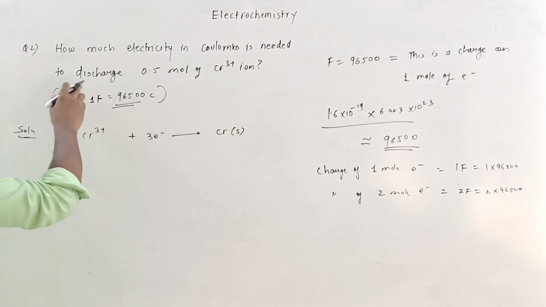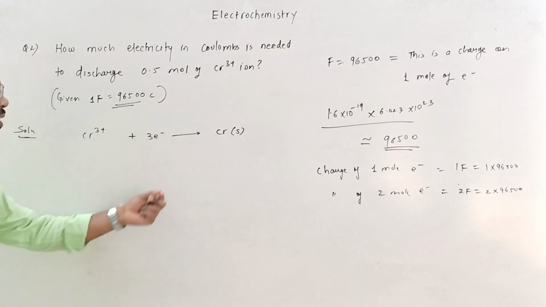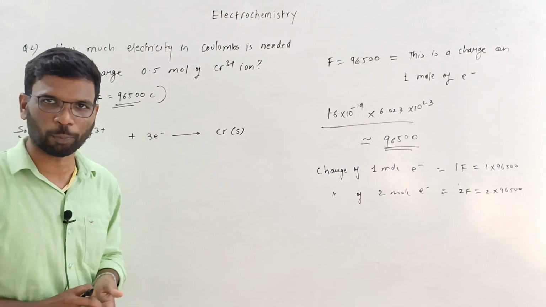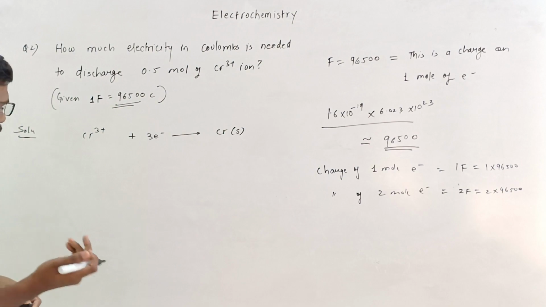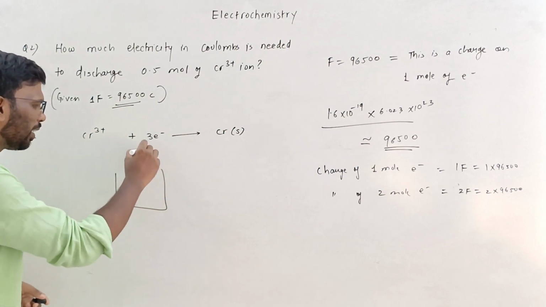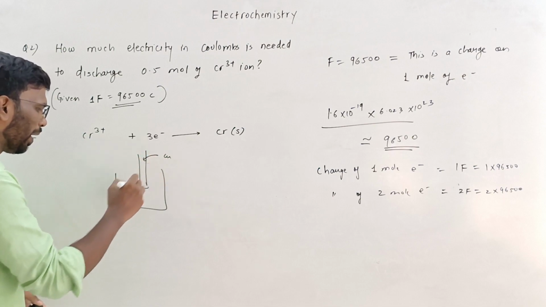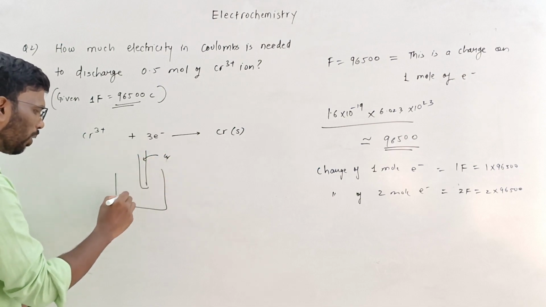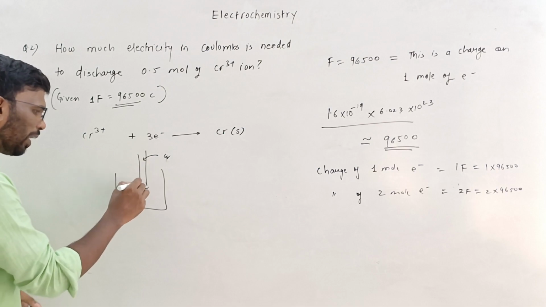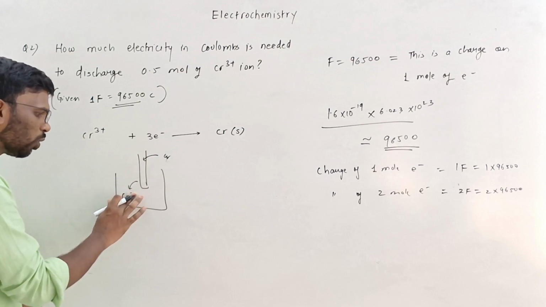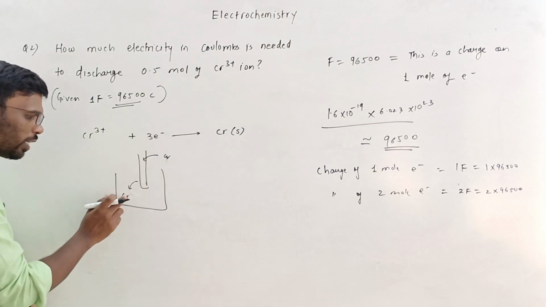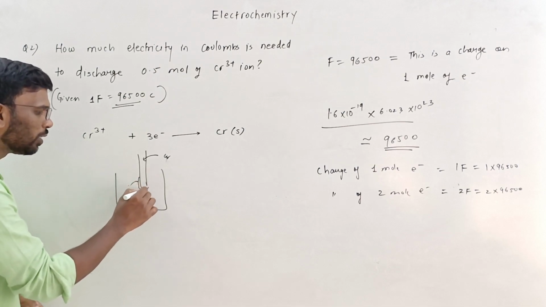So to discharge or deposit, this is something in a solid state which is getting deposited. Let's say this is the chromium electrode, and the chromium 3 plus ions will accept the electrons. It will change to chromium, right? Then it cannot stay in the electrolyte. It will get deposited, right?